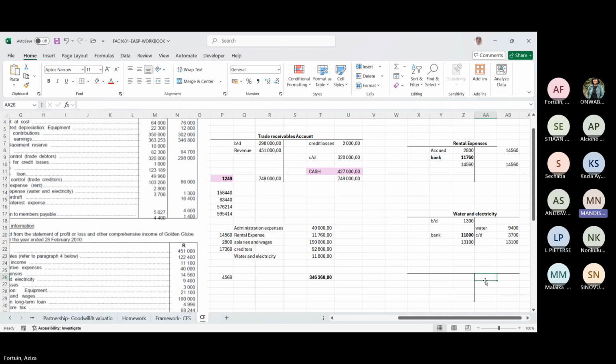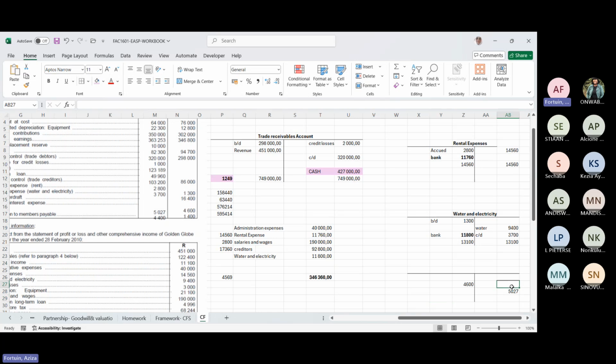I put that 5,027. On what side? Debit or credit side? That's why I kind of get confused. But then I subtracted it from the 4,000. I got 400 and something. Let me check.